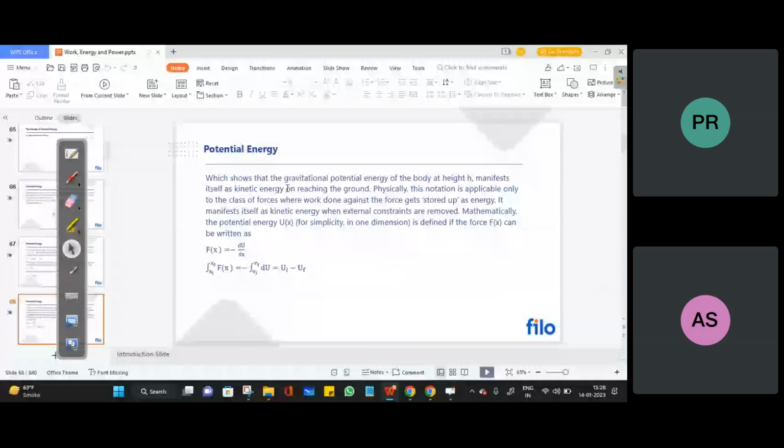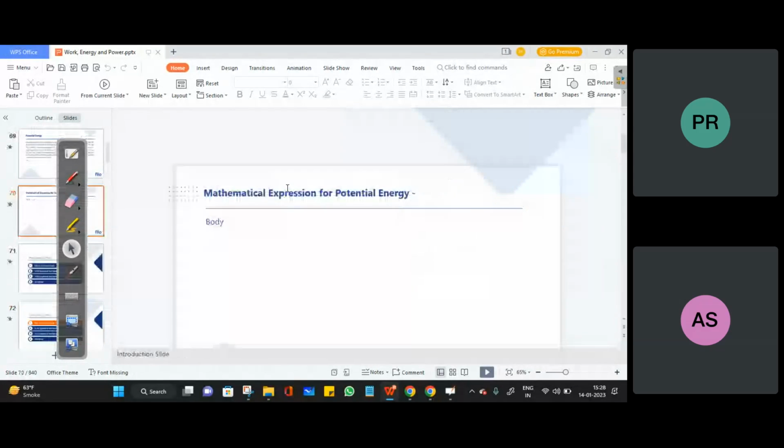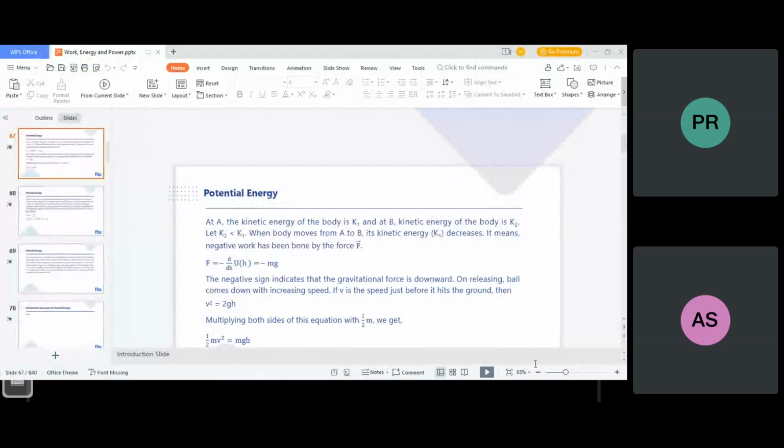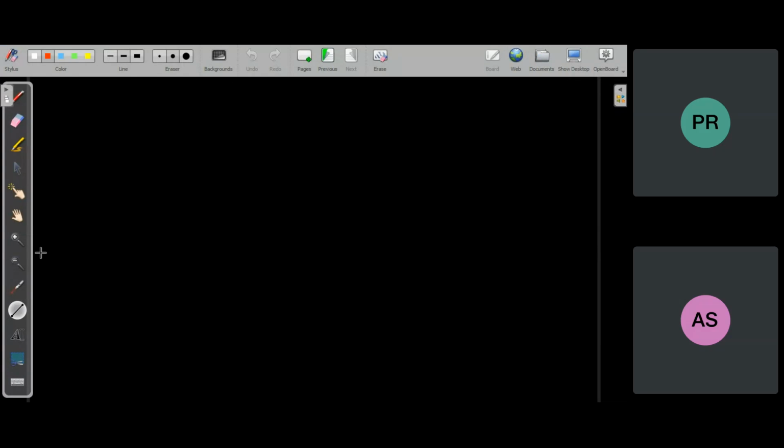Now comes the most important thing here, which gives a relationship between the potential energy and the work done by the conservative force, and this is the fundamental of understanding all potential energy. So the equation is that work done by a conservative force is always equal to the negative of the change in potential energy.